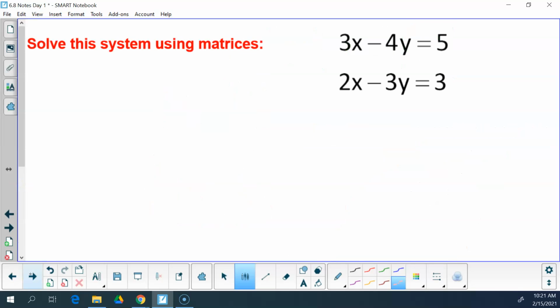So, what I would like you to do now is solve this system of equations using matrices.